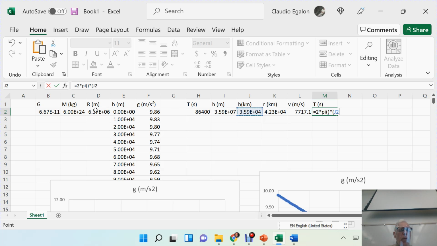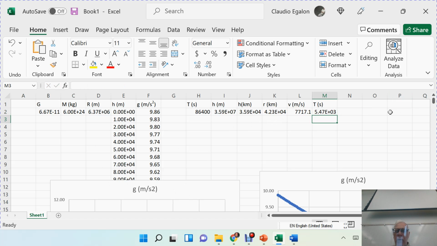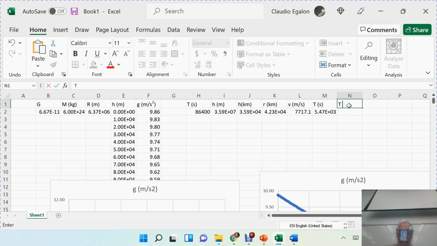Here you go. That's what I want. This one. Yeah, and then I have to sum 350,000. Okay, good. 2 pi r over v. Hopefully I get it right. It's supposed to be around that, is that right? Yeah, that sounds right. In seconds, I'm gonna change that to minutes.